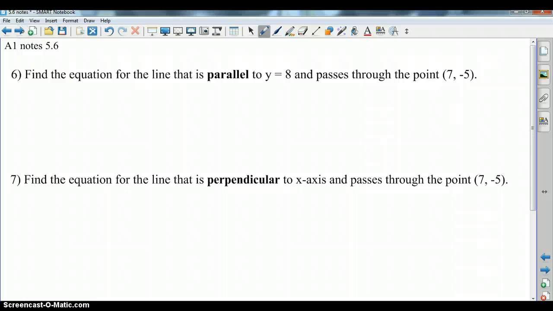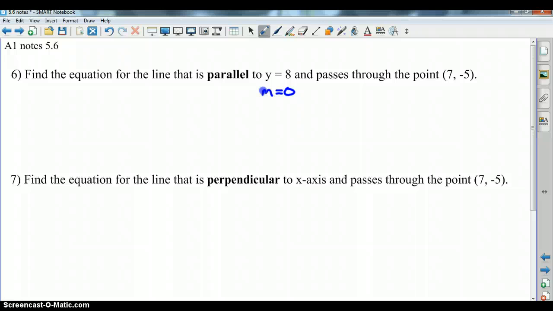All right, similar kind of questions. A little twist to them though. Number 6, find the equation for the line that is parallel. Okay, keep that in mind, parallel, same slope, to y equals 8. That's the trick on this one, y equals 8. Well, you guys remember that phrase, horizontal lines have a slope of 0, and they're always y equals equations.